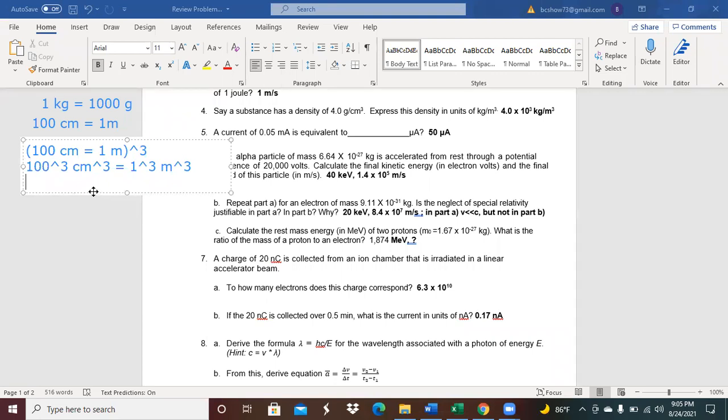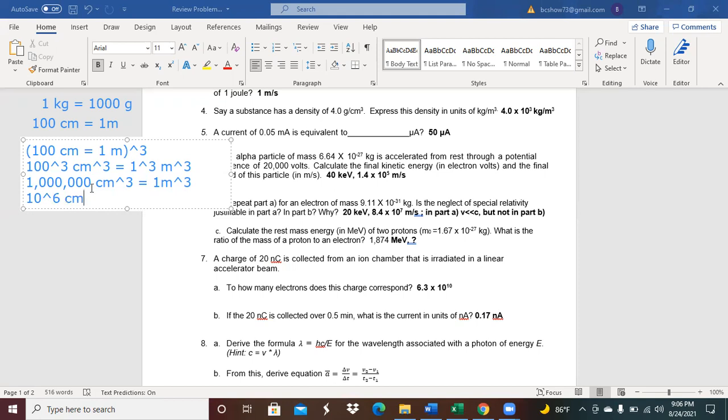You should end up with 6. Because 100 times 100 is 10,000, and if you do it again, you should end up with 6 zeros.